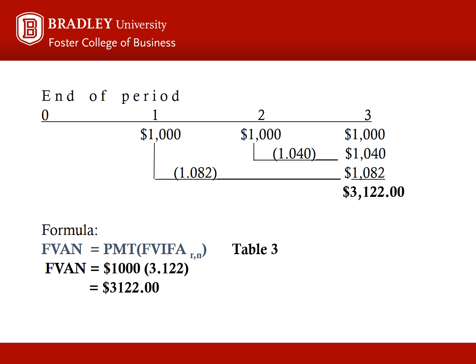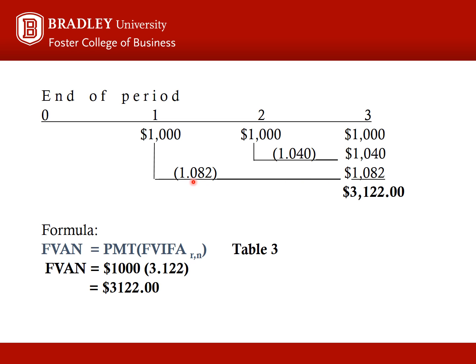So let's say you have your 3-year annuity and you're going to receive $1,000 at the end of year 1, end of year 2, and again at the end of year 3. And each time you receive a payment, it's going to earn 4% interest each year. So the first $1,000 you receive at the end of year 1 is going to earn 4% interest for 2 years until we get to the end of year 3.